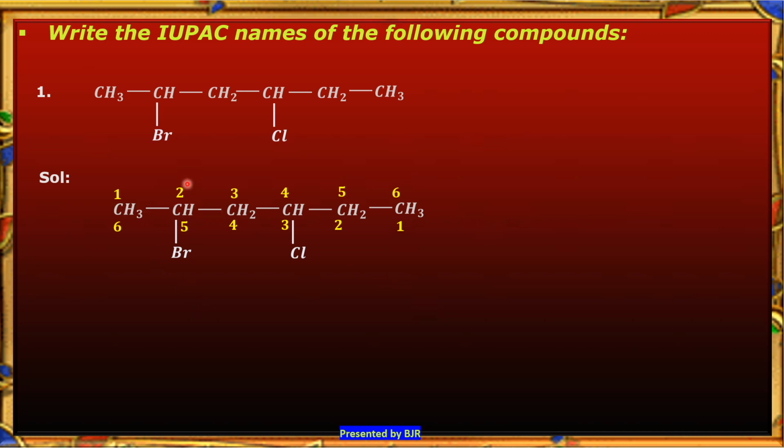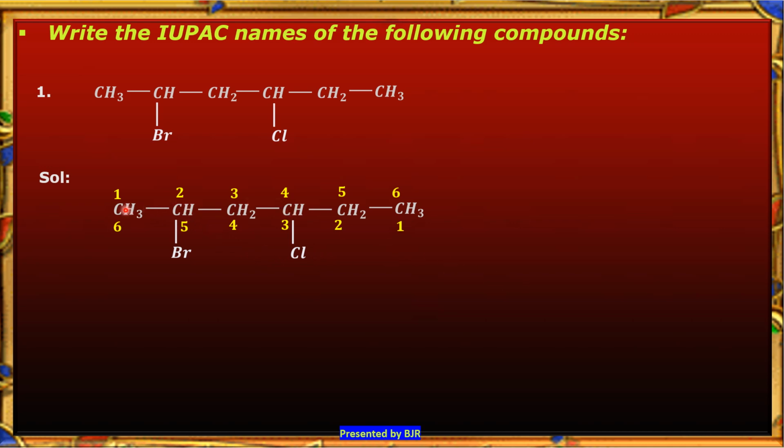For example, here 2 is a locant because the second carbon atom is bearing one substituent, bromine. Similarly, 4 is also a locant because the fourth carbon atom, starting from left to right, is bearing one substituent, chlorine. So 2 and 4 are the locants.